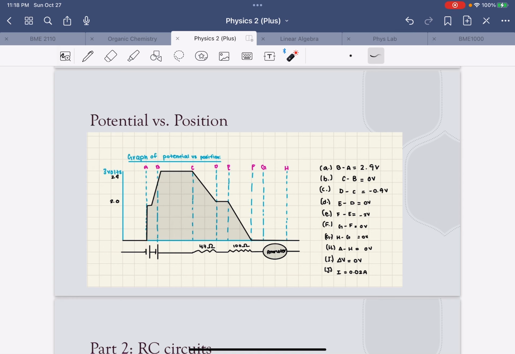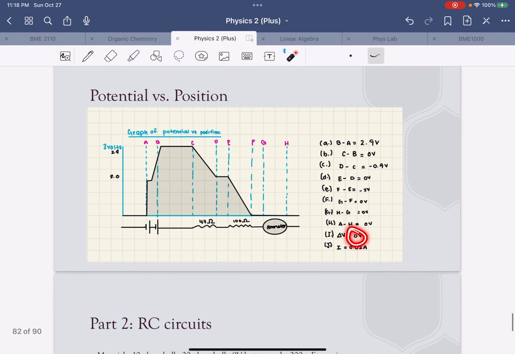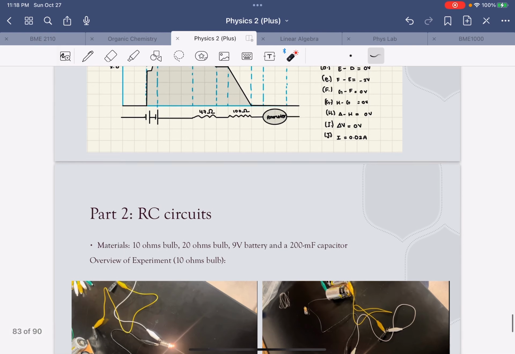So from B to A was 2.9, C to B it was 0, D to C negative 0.9 volts, E to D it's 0 because it's flat, F to E it was negative 2 volts, and then F to G and G to H is all going to be 0. Also F to H is also going to be 0. And the potential difference, as we can see, is 0. So this follows the loop rule. And as we can see, our I will be 0.02 amps.